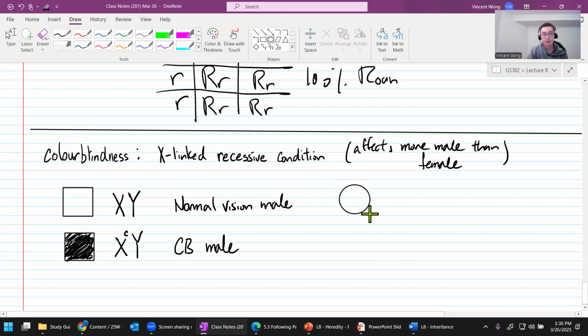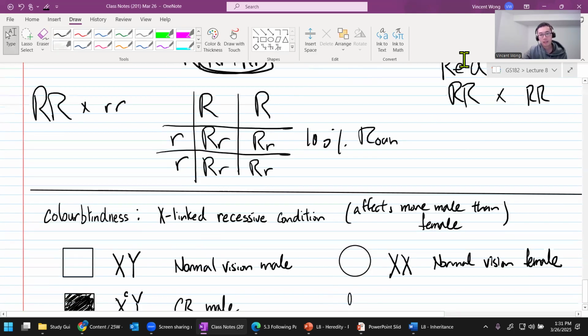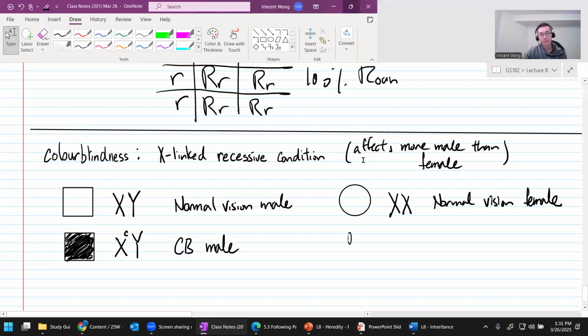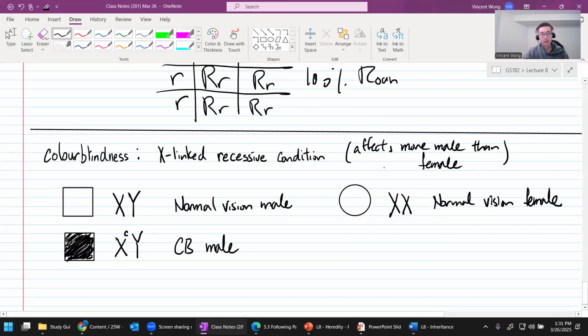But what about females? Well, let's see. This is XX, a normal vision female. And how about this?